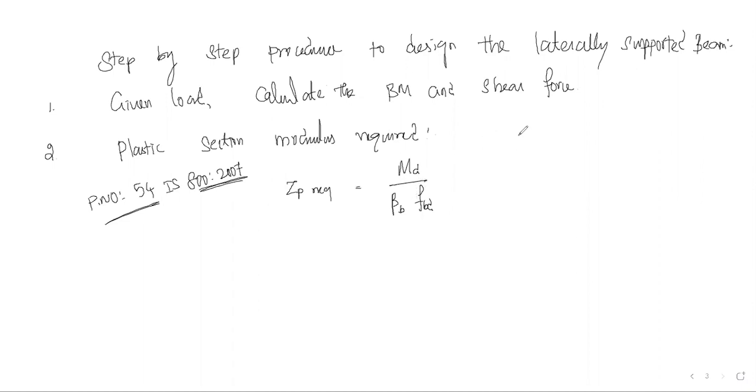Mostly beta B is equal to 1 for plastic and compact sections. So for plastic section and compact section, the beta B value is 1.